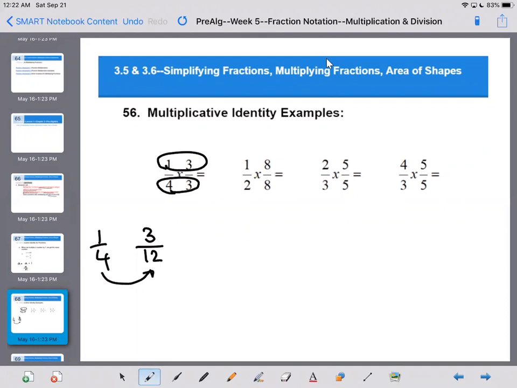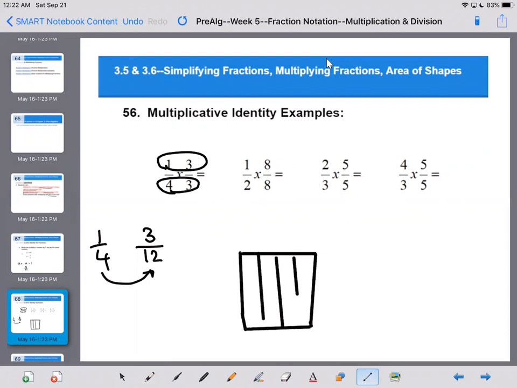And another way to look at that is you could have your area, and if we divide it into fourths, and we only want one of them, well, what happens when I now divide it? Notice the 3/3, 3 divided by 3. So then I'm just going to divide the whole into thirds.